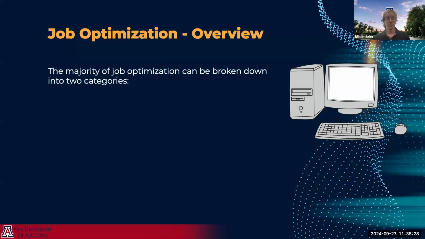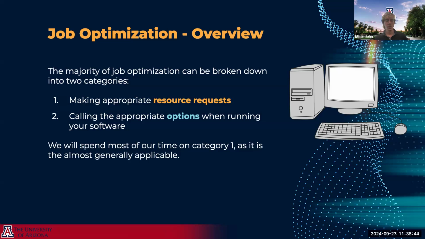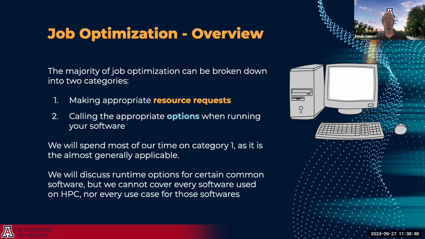So let's keep going. The majority of job optimization can be broken down into two categories. The first would be making appropriate resource requests. And the second is calling the appropriate options when running your software, or configuring your software the correct way. So we'll spend most of our time on category one as it's the most generally applicable.